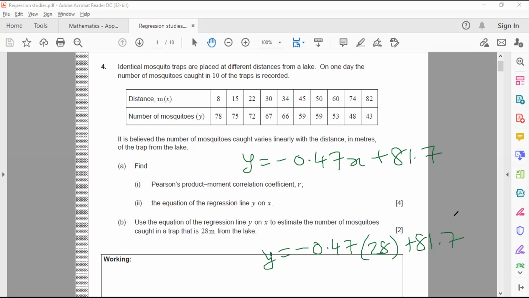Now if you are not getting 68.5, then I'll show you on my calculator. 68.67 I got. That's fine. So you got 68 point something. So 68.5, 68.7. That's a minor error, okay, but 68 is the answer.